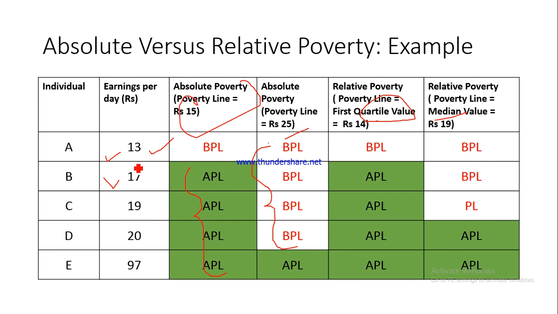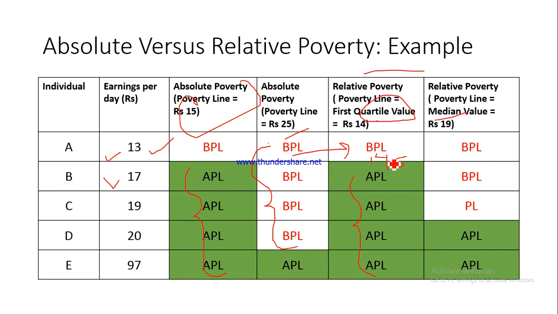And since the first quartile is between 13 and 17, we can say that if we talk about relative poverty, those who are earning below 13 or 13, they would be BPL, while those who are earning 17 or more would be APL. Why? Because the first quartile is somewhere between 13 and 17. Let us say that it is 14.5.